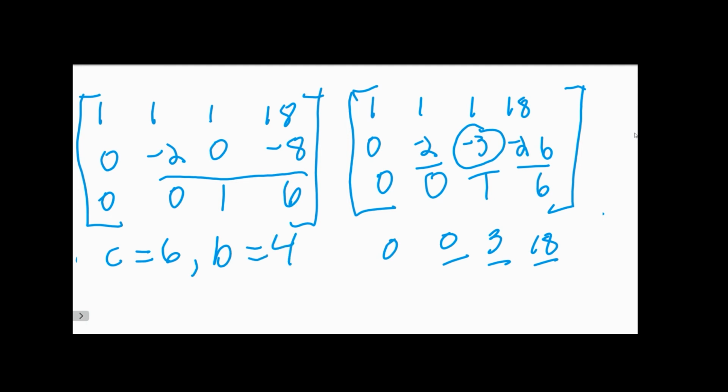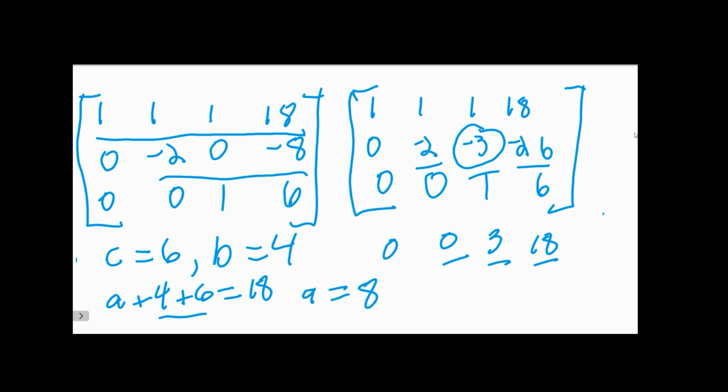And I'll use these values for B and C to substitute into row 1. And so that means that A plus B, so +4, plus C, plus 6, equals 18. And so this is 10 here. Take it from 18, you get 8. And so that means that A is 8. So it looks like we have solved our system.